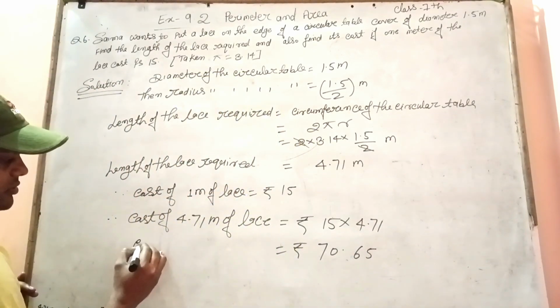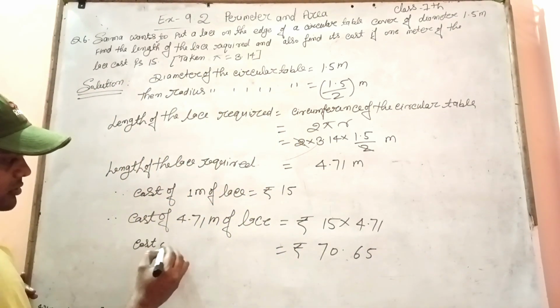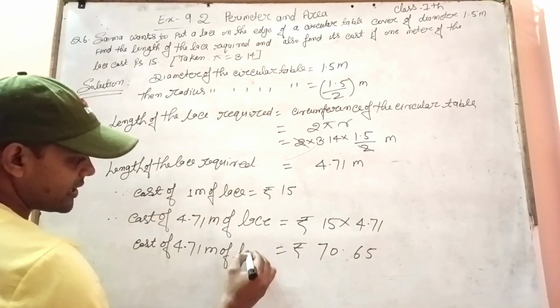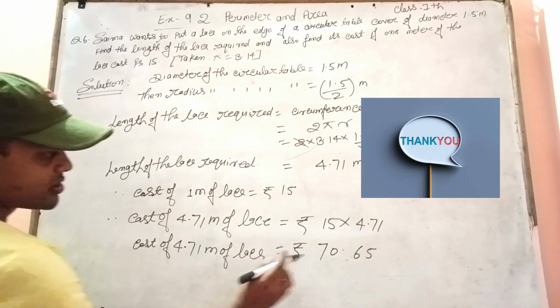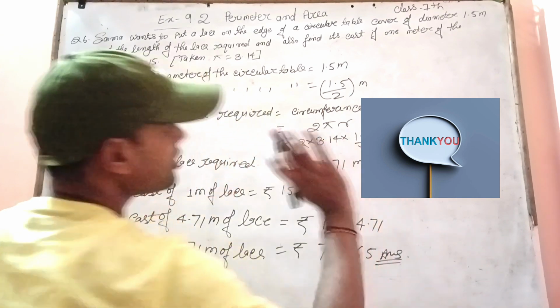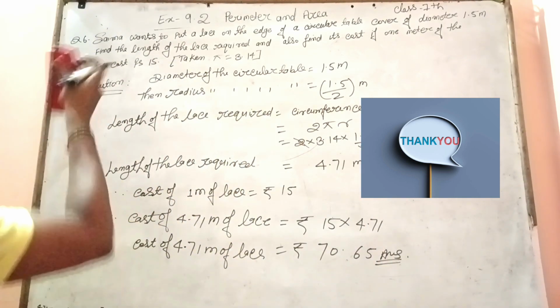Cost of 4.71 meter of lace is equal to 70.65. You get the answer. Next question.